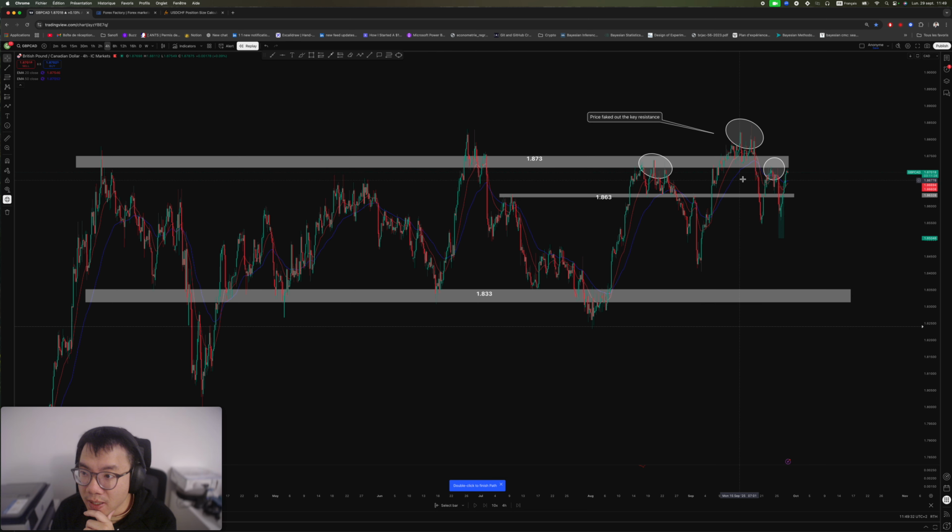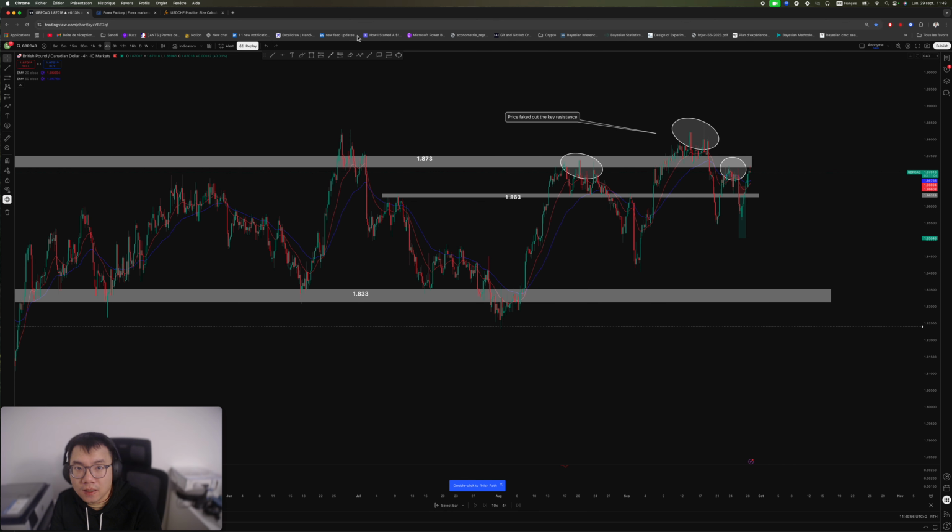So for me, when I see many signs of weakness on the buy side, I can see that the selling pressure is there, right? So when price failed at this level once again and came back down, I was aiming for a break and retest at this level, right?